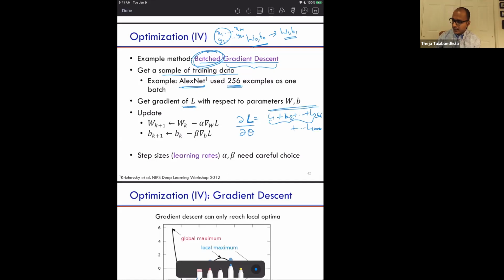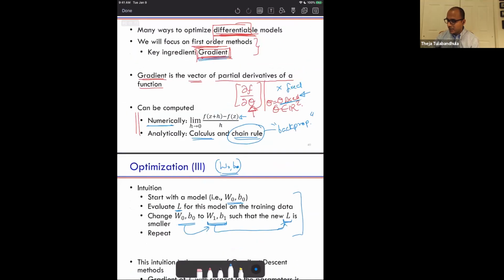In particular, the gradient with respect to the first parameter W and the second parameter B. Then I'm going to update from the previous values of the W comma B pair to the new values in an additive fashion like this. Once I find the gradient, it turns out, and this is a fact you should check, the gradient dimensions are the same as the parameter dimension. I said that earlier: if theta is two-dimensional, then the gradient will be a two-dimensional vector, right?